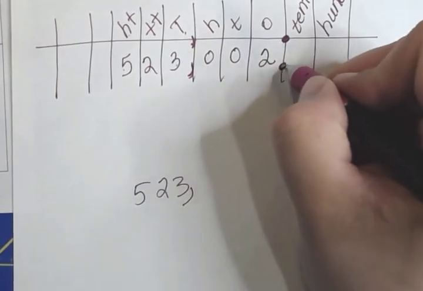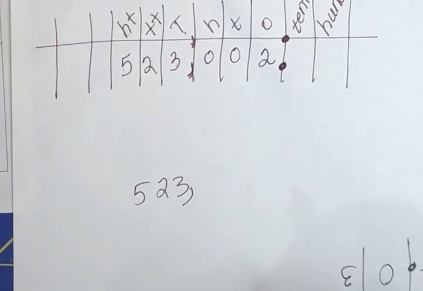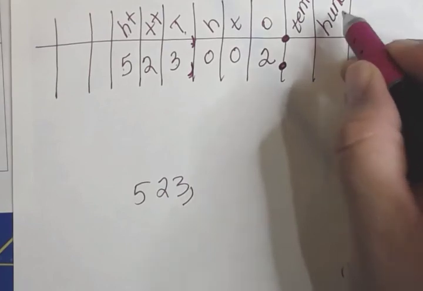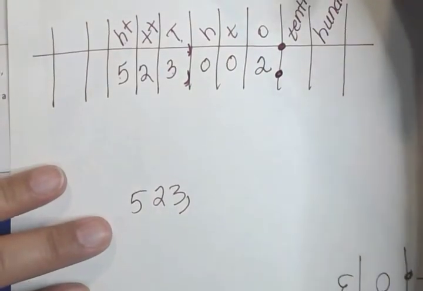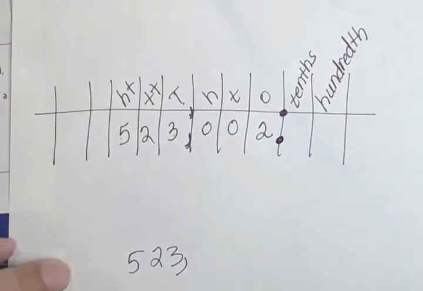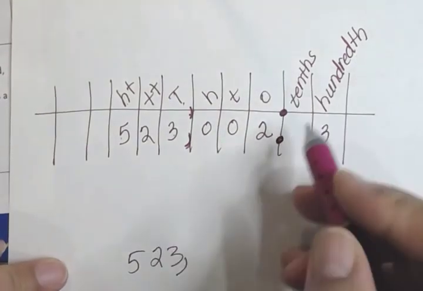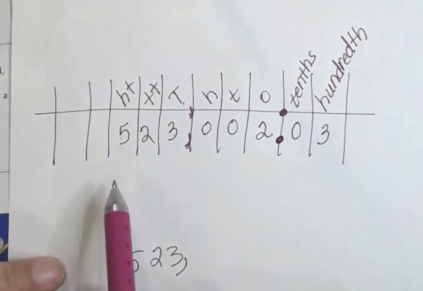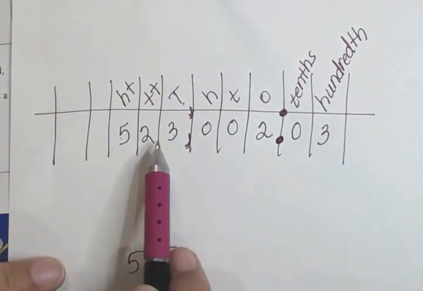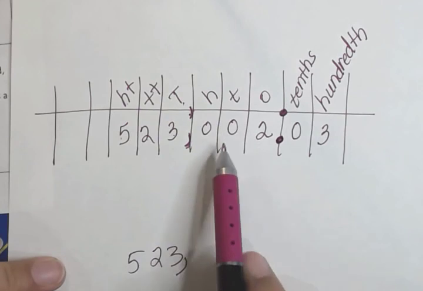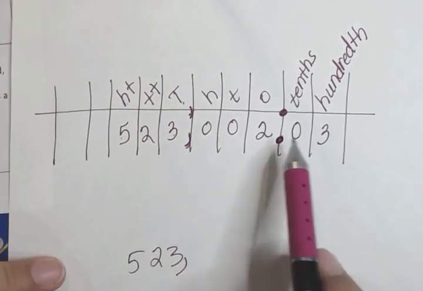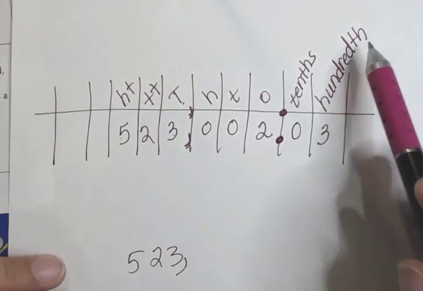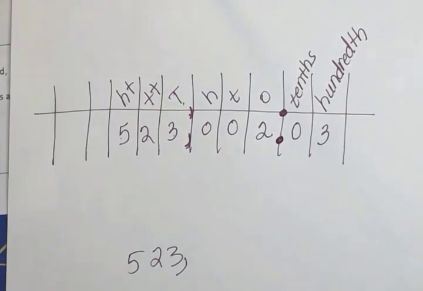Here's my decimal. That's the and. And then it says 300ths. That means here's my hundredths place. The 3 will go here. Now you can't leave this empty. Add a 0. So there's your number: 523,002 and 300ths.